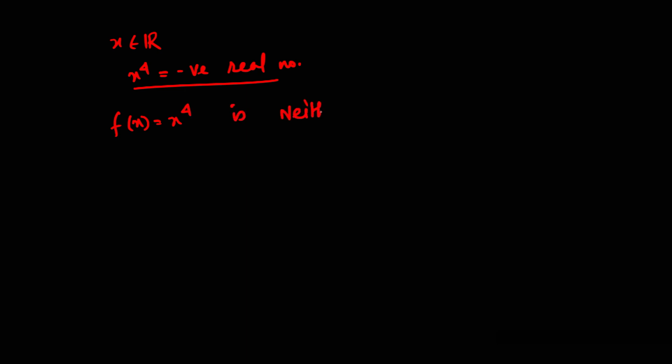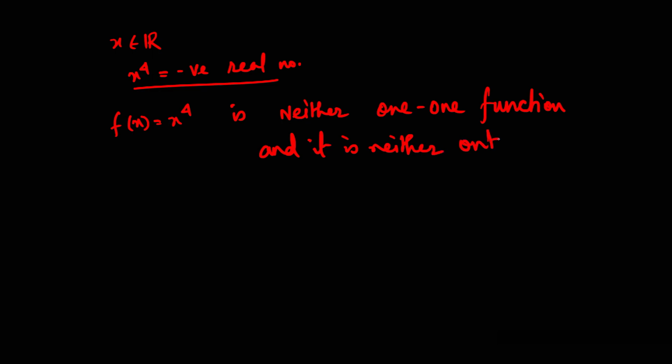This means that we cannot find any real number x belonging to R such that x to the power 4 is a negative real number. So f(x) equal to x to the power 4 is neither a one-one function nor an onto function.